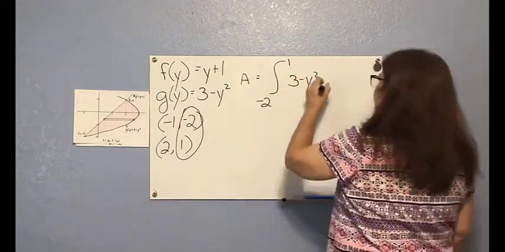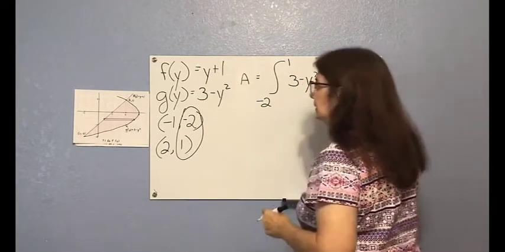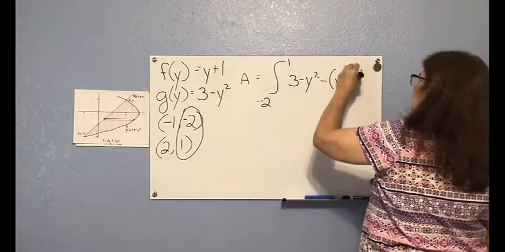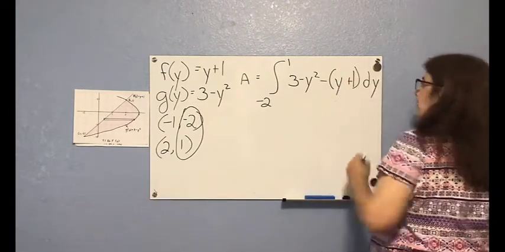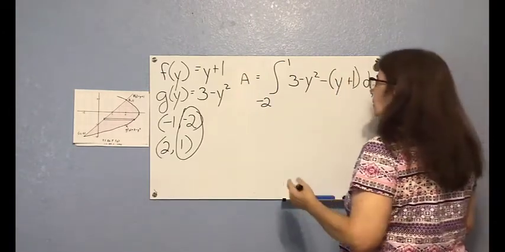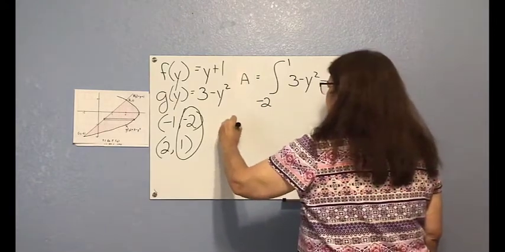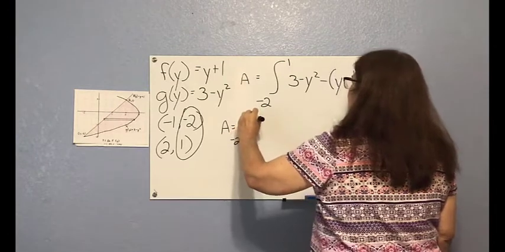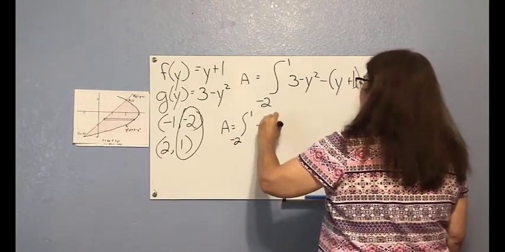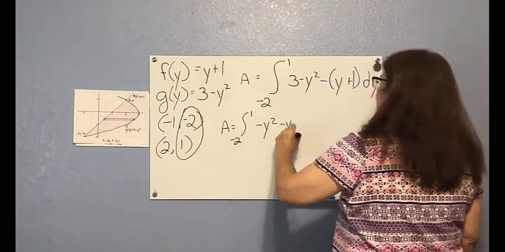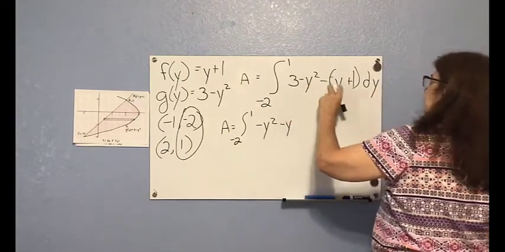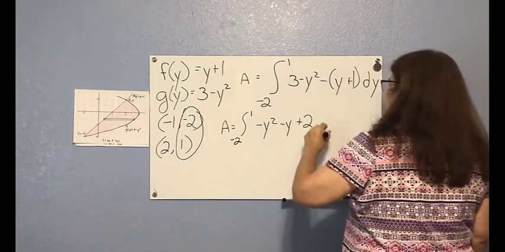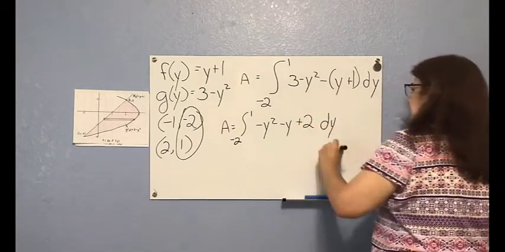And then we will subtract from that the f of y, y plus 1, dy. Okay, simplifying, we get this, negative y squared minus y, and now I have a 3 minus 1, so plus 2 dy.